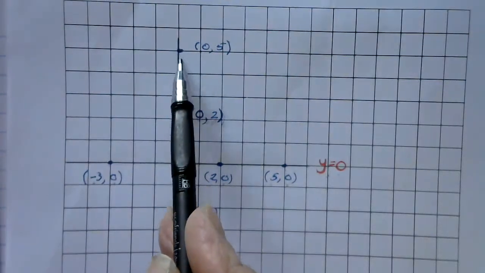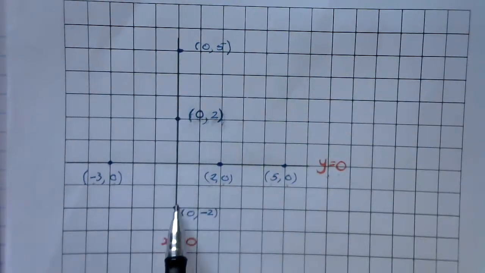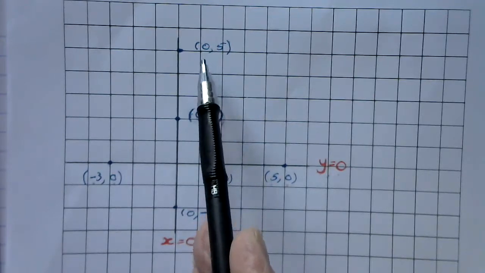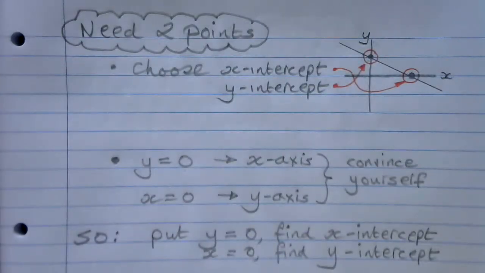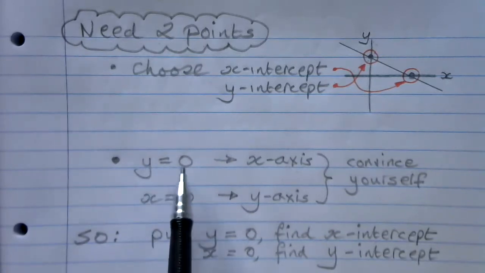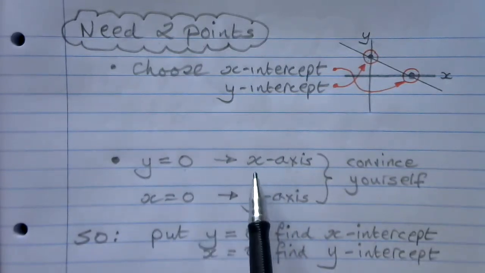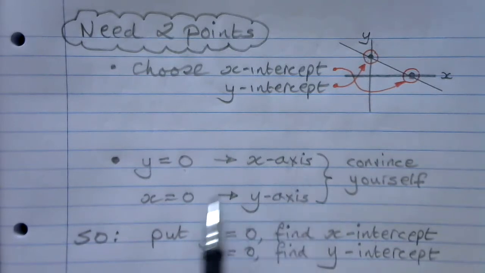And I can make a similar argument here for the y-axis, as you'll notice that all the coordinates of the points have the x-coordinate as 0. So y equals 0, that means we're on the x-axis, and if x equals 0, that means we're on the y-axis.